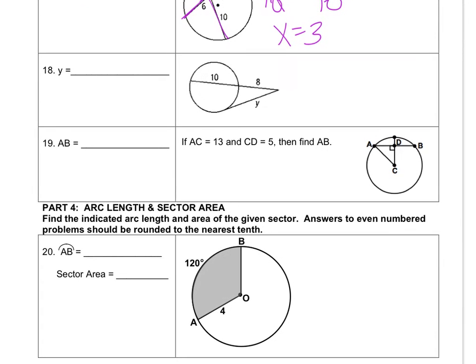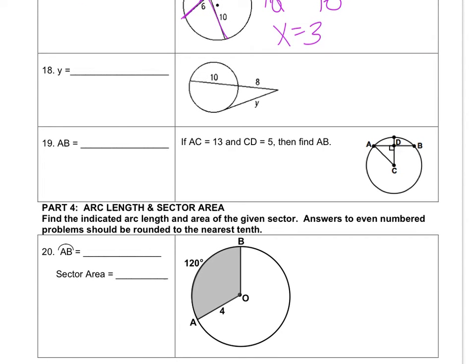Okay, same thing with number 18. If you're following that formula, since the top segment goes through the circle, what we're going to do is add the two numbers first. So I'm going to add 10 plus 8. And then the formula tells me to multiply by the part that's outside the circle.